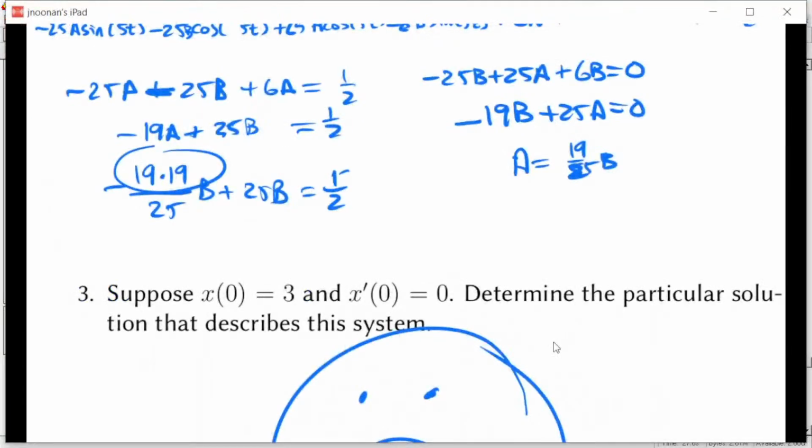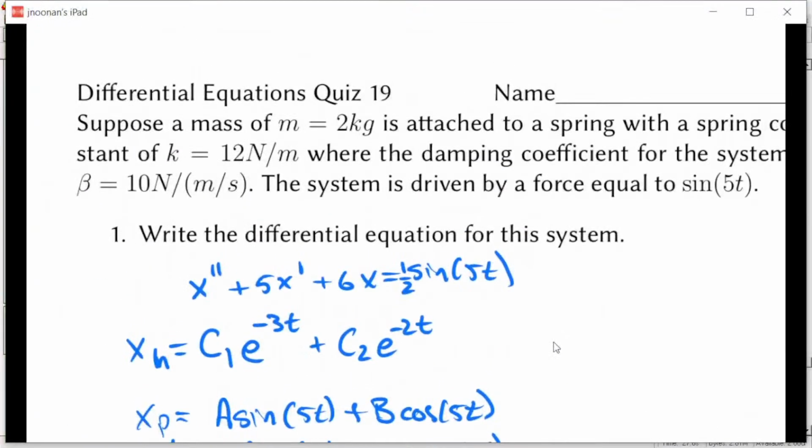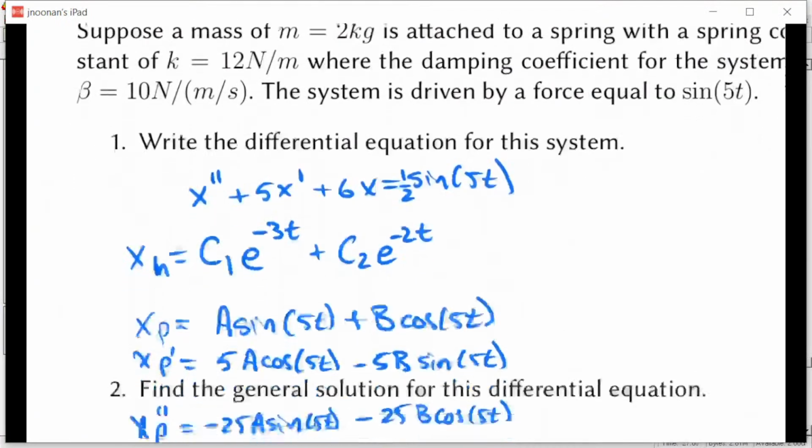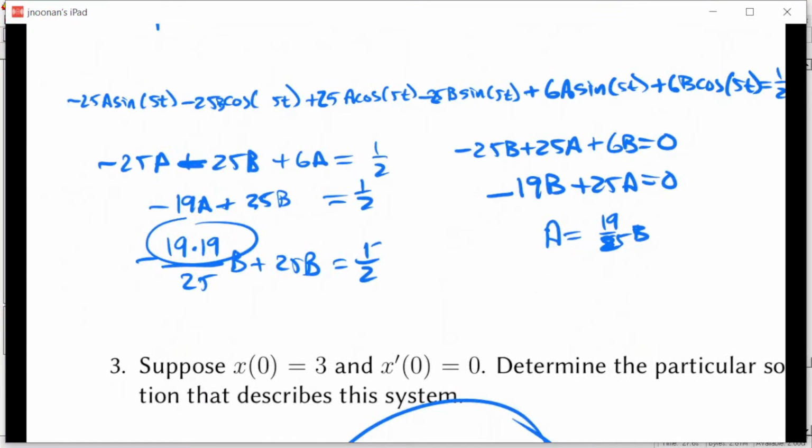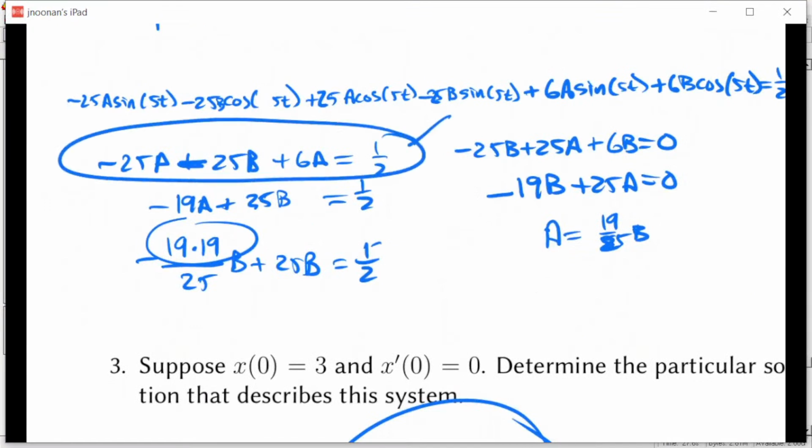Sorry. I skipped a step up here that you didn't see. In the original, it was 2, 10, 12, and 1. I divided everything by 2. So I got 1, 5, 6, and this is 1/2 now. And so down here, this one's 1/2, and this one's 0. Yeah, and like I said, I gave up.